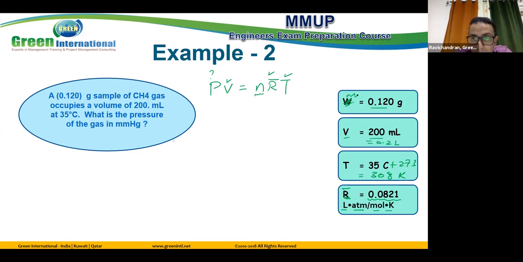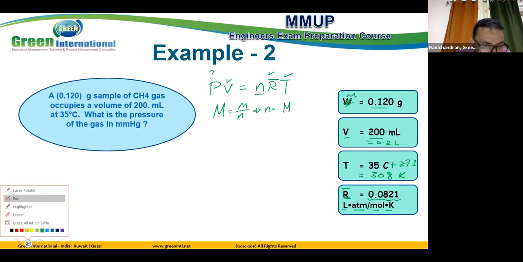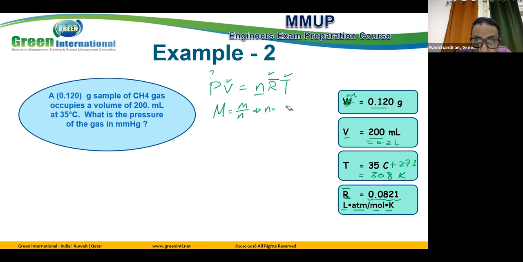But they give you small things just to guide you to get n. What is this? It's a mass. How to get n from the mass? We have a relation between n and m. What is this relation? Molar mass. Molar mass is equal to what? m over n. So number of moles is equal to m over M. Actually, m we have, which is 0.12 gram.